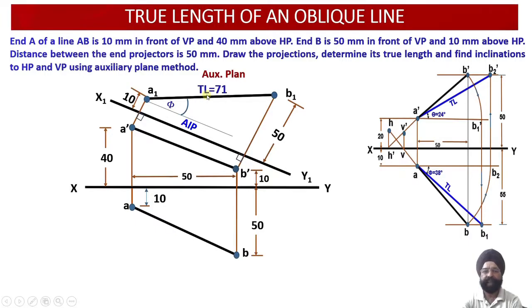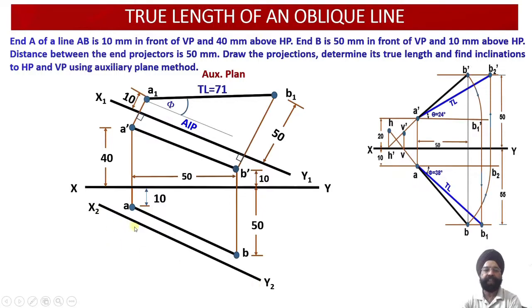And as we have already discussed, any projections which are obtained on the auxiliary inclined plane will be termed as auxiliary plan, because the distances of the plan have been marked onto the projection lines which are drawn on the AIP. Now let us draw the second auxiliary plane, which is called AVP.